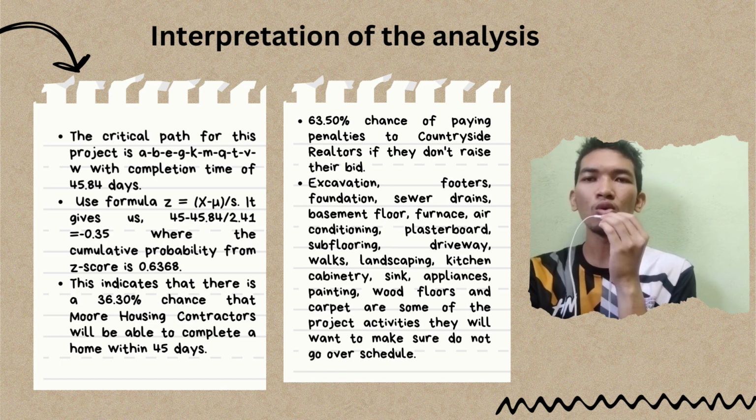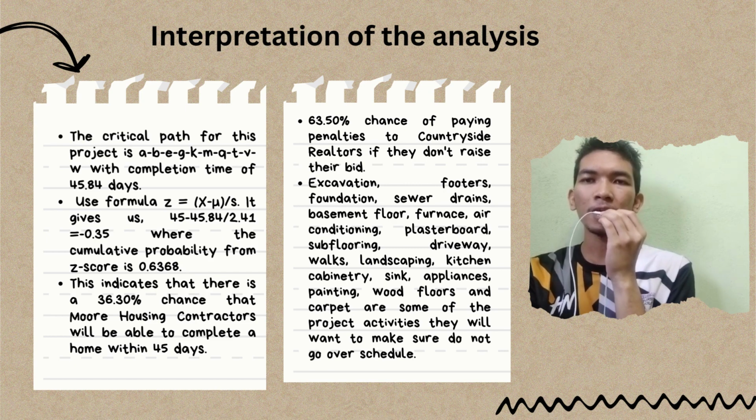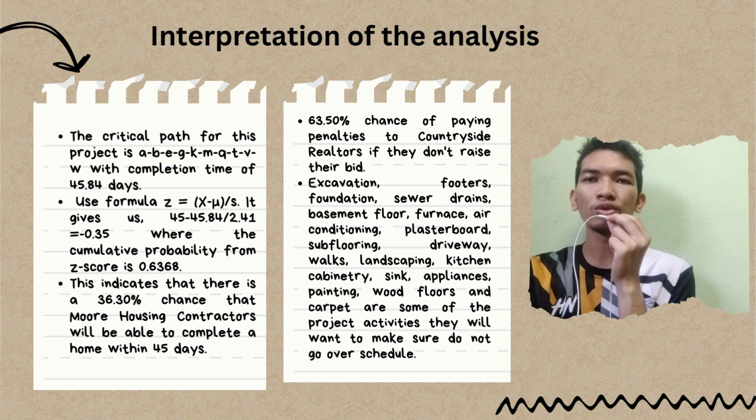The project as a whole would be delayed if the activities on the critical route were to be postponed, which is why they are referred to as critical. The critical path for this project is ABEGKMQTVW with a completion time of 45.84 days.